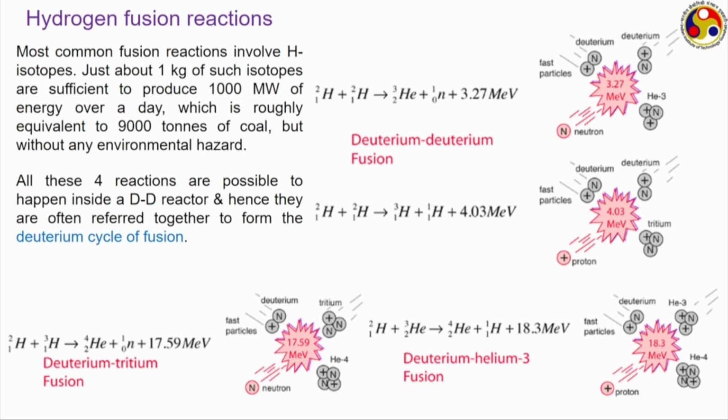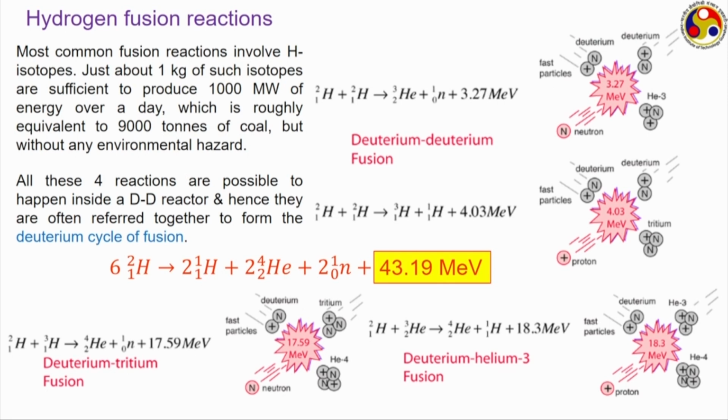To get that, we just need to add those 4 equations together to get this final form, where we can see that there are 6 nuclei of deuterium participating to produce 2 protons, 2 helium 4 nuclei, plus 2 neutrons as well, and if we combine all the energy, it yields 43.19 MeV of energy, which is really a huge amount.